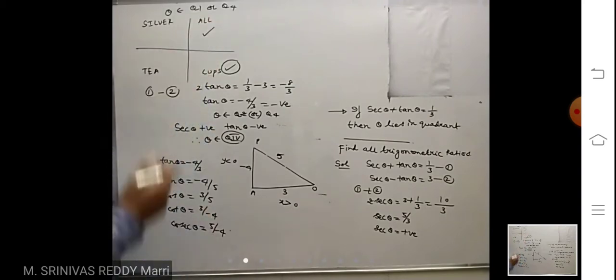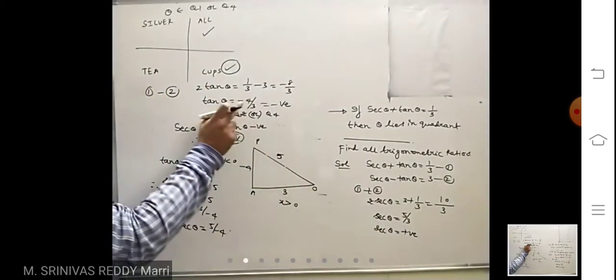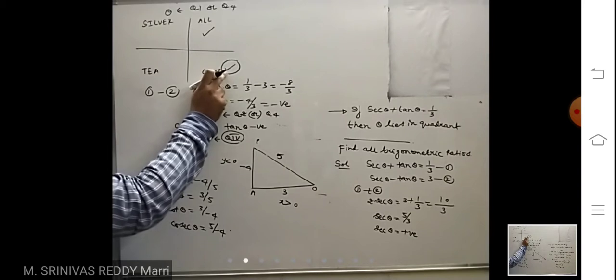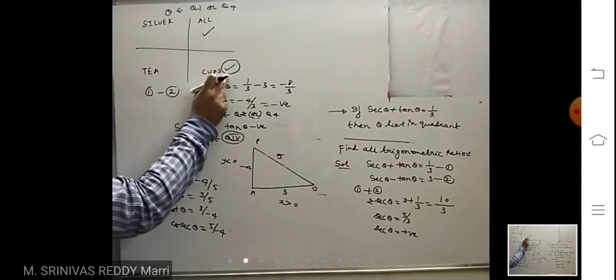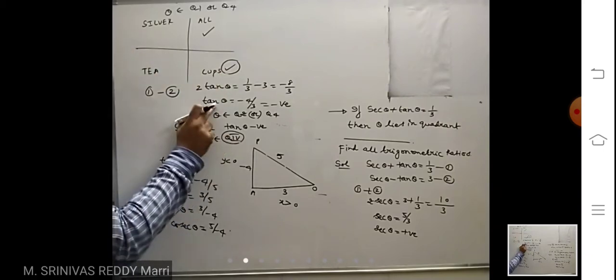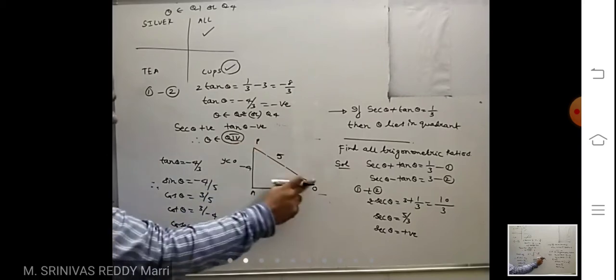Like that, if two trigonometric ratios are known, here it is positive, here it is negative. That's why you can easily choose the quadrant. In this quadrant, secant theta will be positive and tan theta will be negative. That's why theta is in quadrant 4. Now you know one trigonometric ratio, you can construct the triangle.